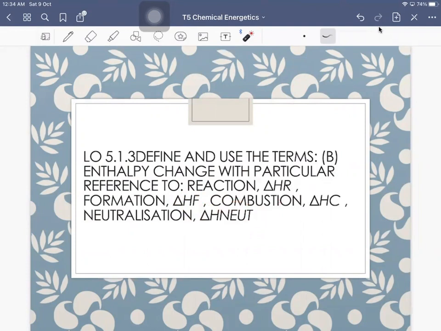So these are the enthalpy changes that you need in AS level. There will be more in A2 level. If you see other enthalpy changes like enthalpy change of atomization or enthalpy change of hydration or enthalpy change of solution, these are the ones that will be covered in A2 syllabus later on.